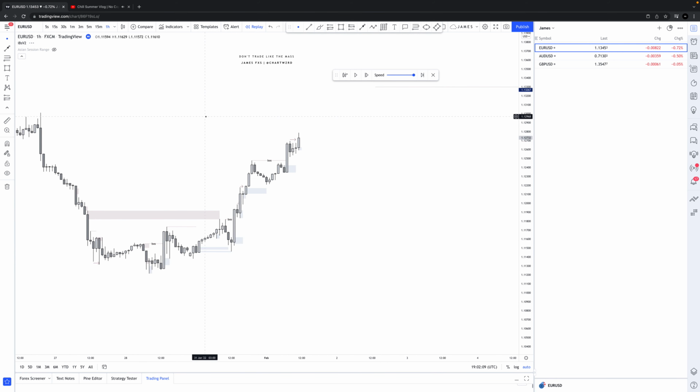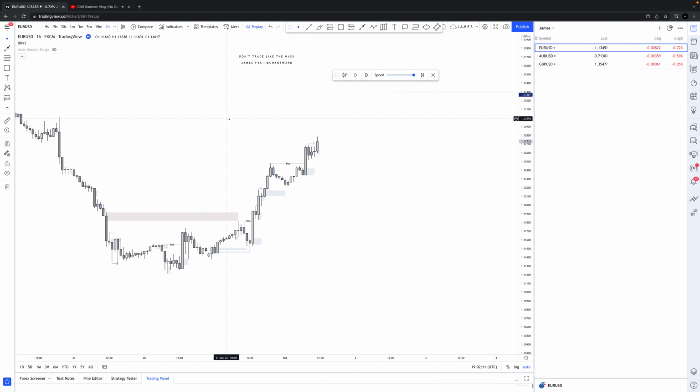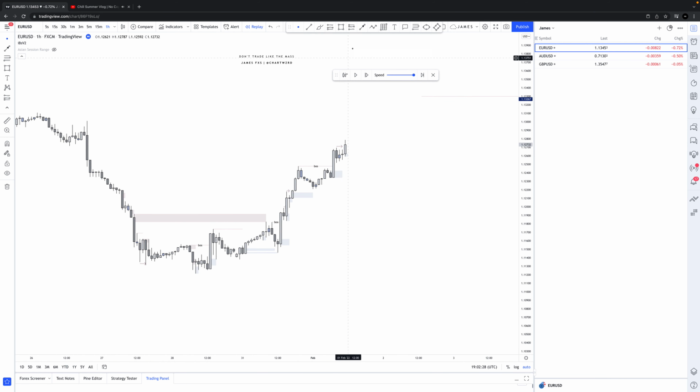but then when we look on the hourly, we can see a very clear area here. These areas on the 15 that we just went through here, we don't really have a clear hourly POI. We have this wick or this doji candle, but we have just bullish candles really, and another area to look at as well is this candle that I didn't show you on the hourly.